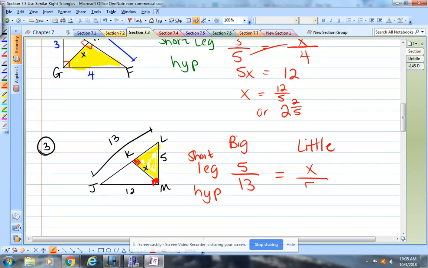It's 5. Y'all with me? All right. Cross multiply. I'm getting 13x equals 25, divided by 13. And you can leave it 25 over 13, or you can say it is 1 and 12/13. That makes sense?